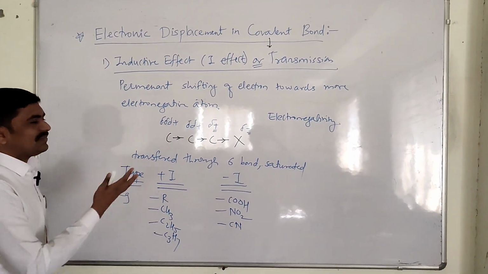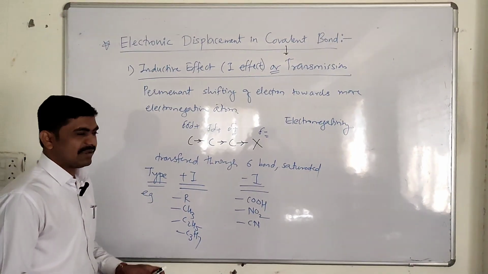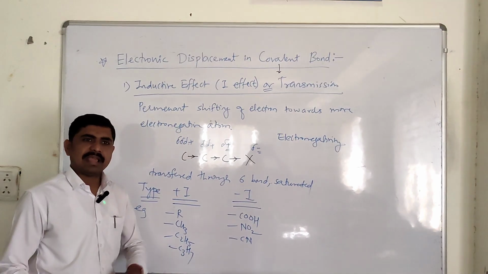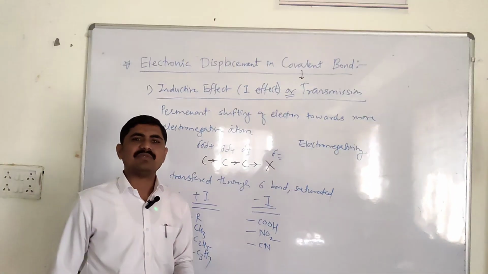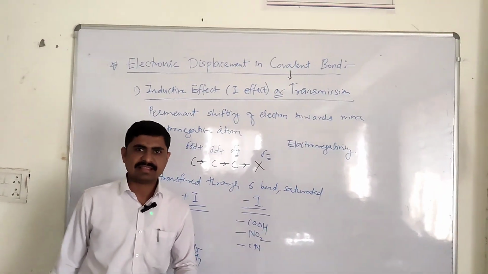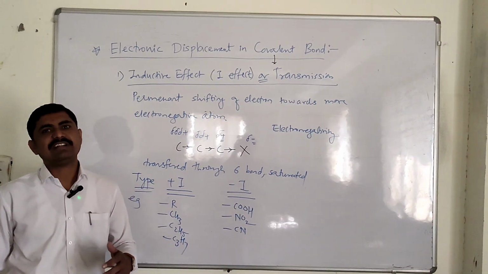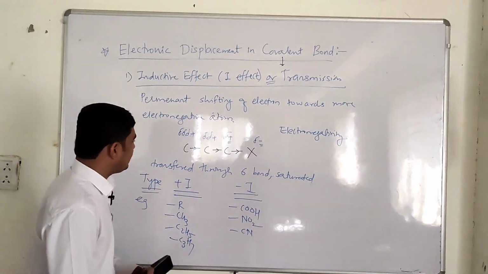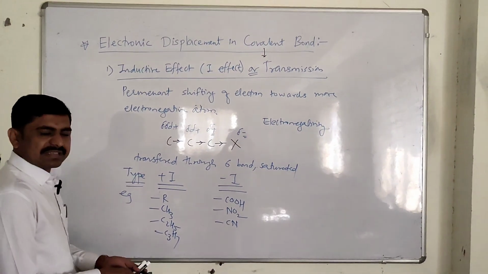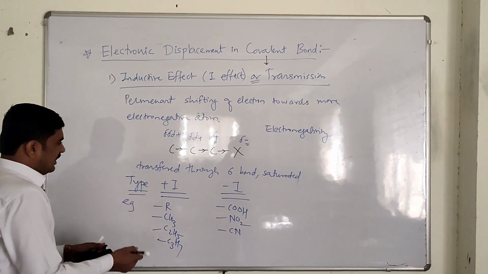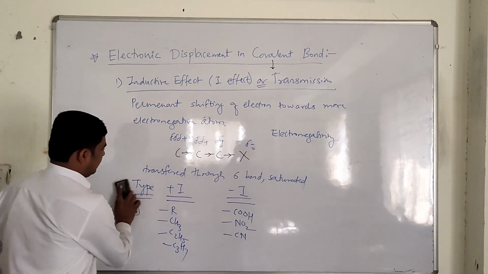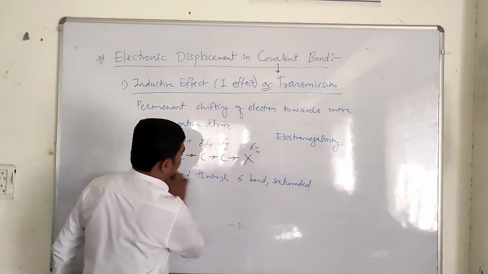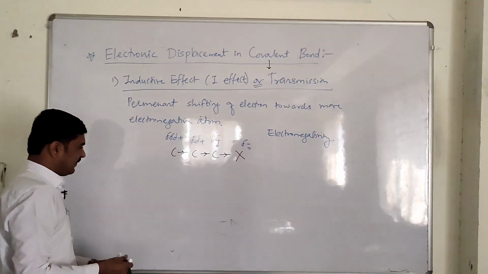What is the application of this inductive effect? One important application is that the acidity and basicity of compounds is decided by this effect, as well as the stability of carbocations and carbanions can be described with the help of this effect. Let us take a simple example of how the stability of carbocation depends upon this effect.